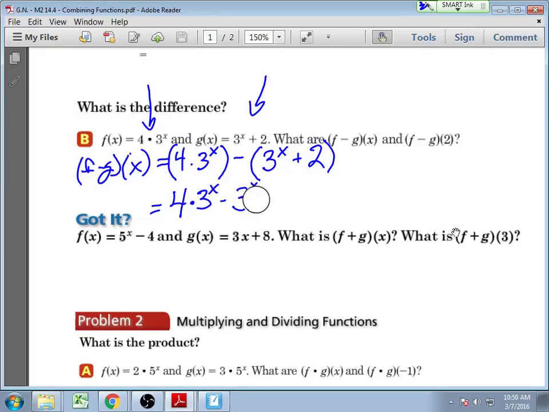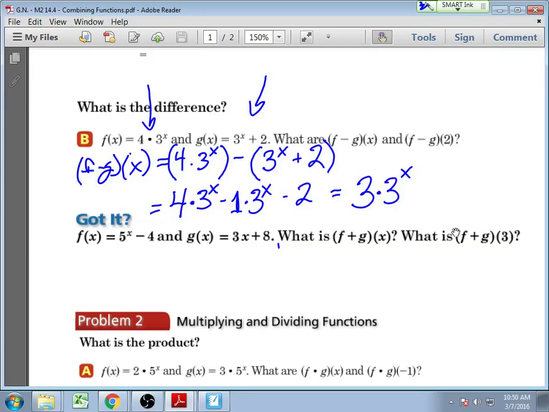Well, that really is a 1 times 3 to the x. So if I have 4 times 3 to the x minus 1 times 3 to the x, and I still have the minus 2 out here, it just becomes 3 times 3 to the x.